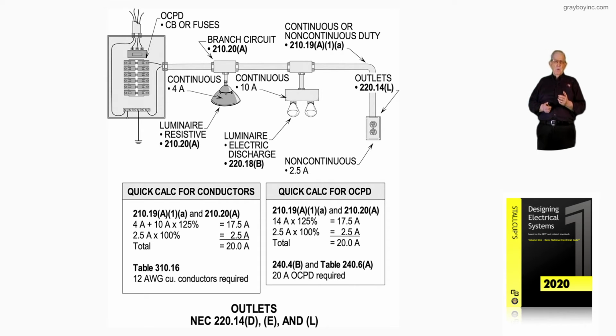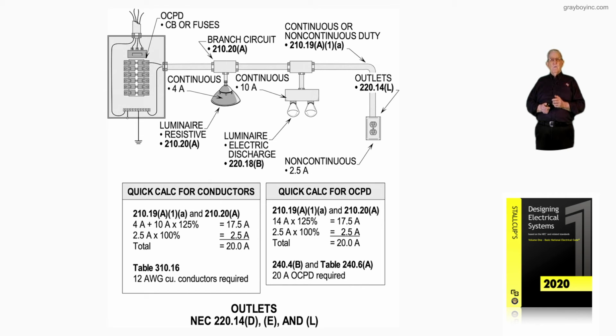So that's what's important. So our Table 310.16 would require number 12 wire on a 20 amp device, which is selected to the right. 210.19(A)(1), the conductors come along at 125% to derate the loading of the breaker 80% in accordance with 210.20(A).